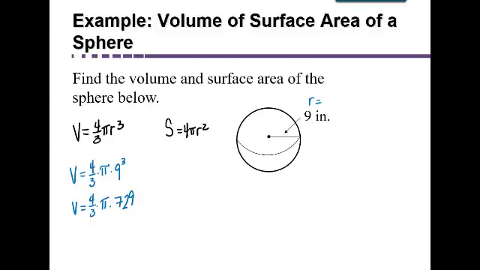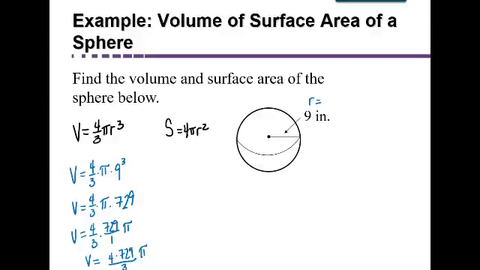But it's not too hard to do with a regular calculator if 3 goes evenly into 729, because here's what you do. You think of the 729 as being 729 over 1. So that means your volume is multiplying fractions, you multiply straight across. So you'd have 4 times 729 all divided by 3 times 1, or 3. And we'll just have this pi being multiplied at the end there.